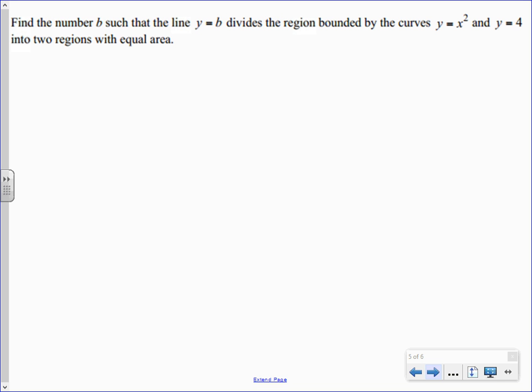Right? Okay. We are looking for y equals b that divides these regions into two equal areas.